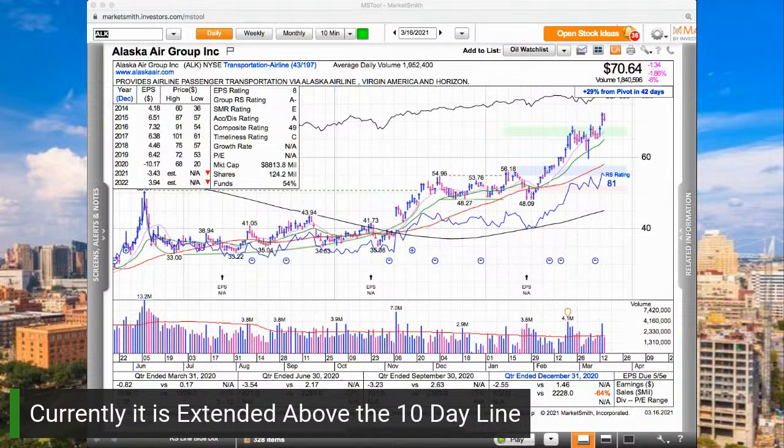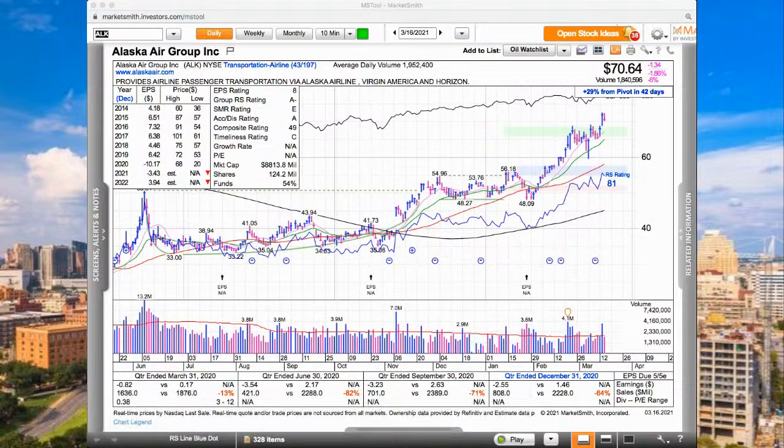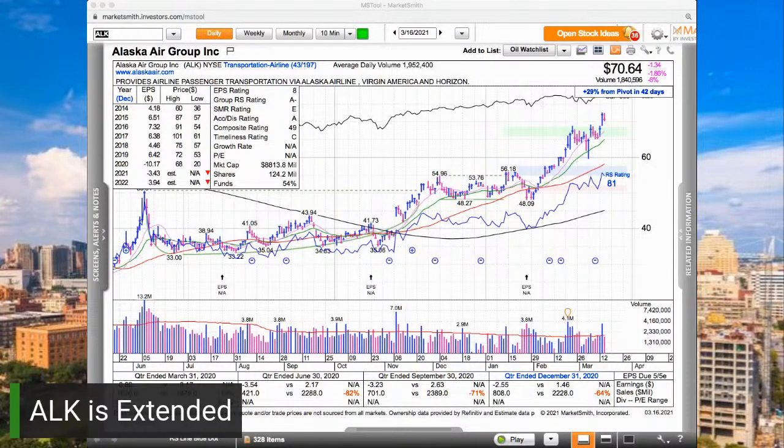It's extended, and so I just think you've got to be very careful. And not only is it extended, but it's extended above the 10-day line. So it's really the 21-day line that I look at for extension. It's definitely extended. It's just a little bit too high.